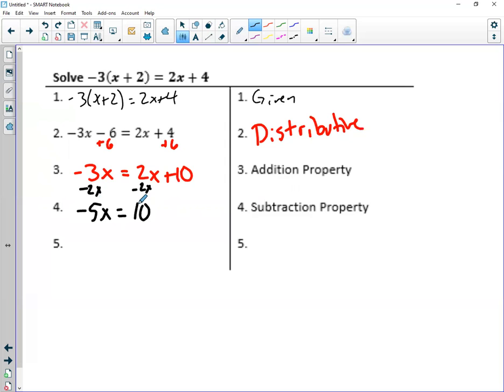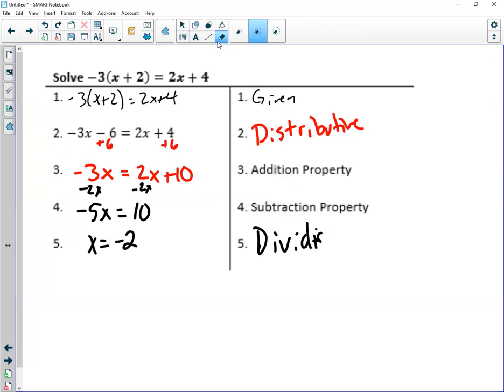Go ahead, Mason. Divide by negative 5, so I'm going to get x equals negative 2. And since you said the word divide, we used division. So the first one's given, and on the right side, you just say what you used. Correct. That's simple enough.